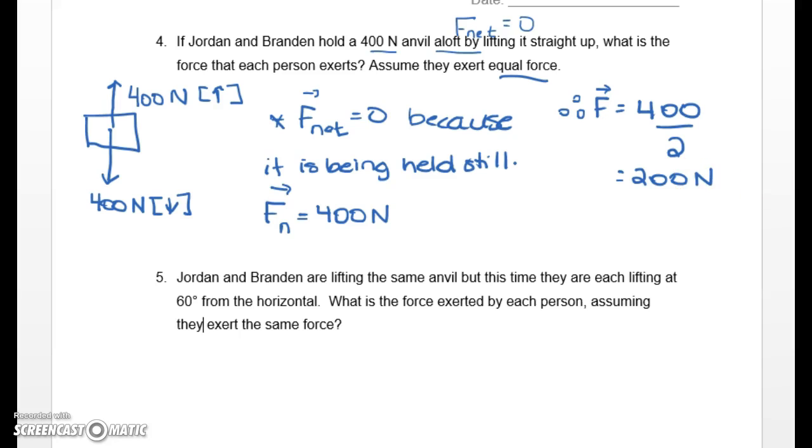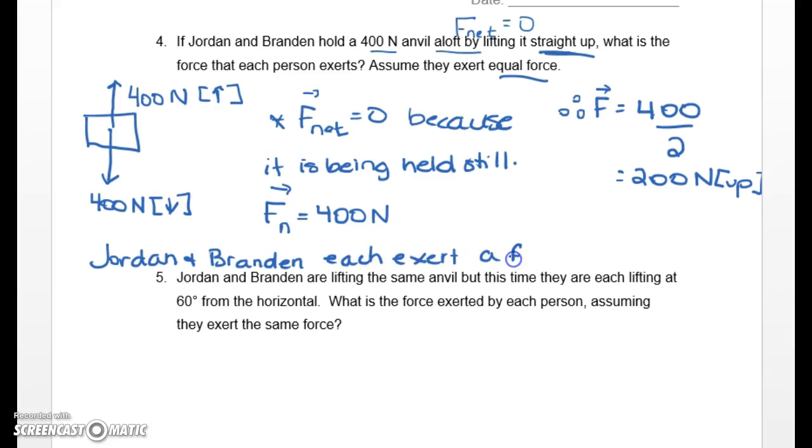And because we know that we are going straight up, we can include that in our units as up. Then just to finish off this question, we can answer with a sentence. Jordan and Brandon each exert a force of 200 newtons up.